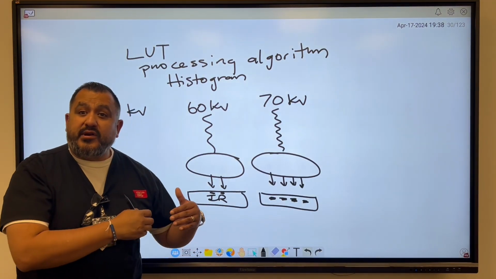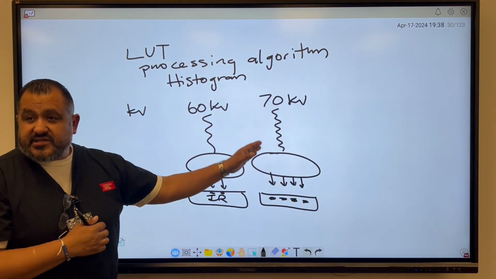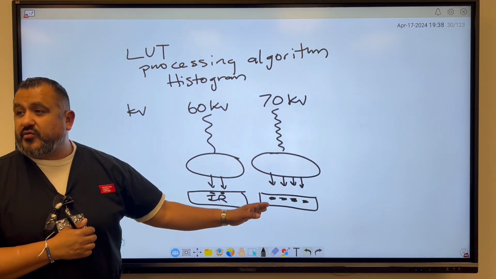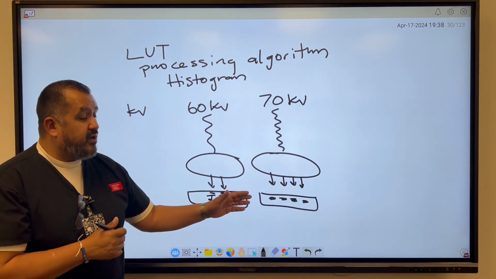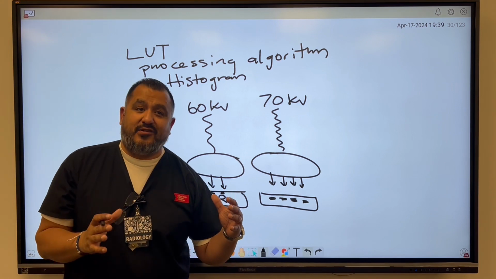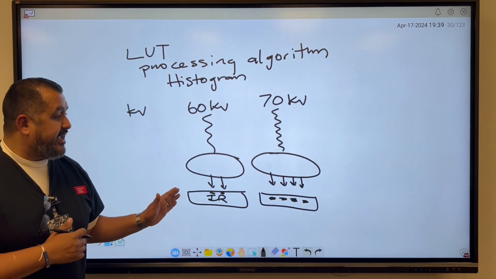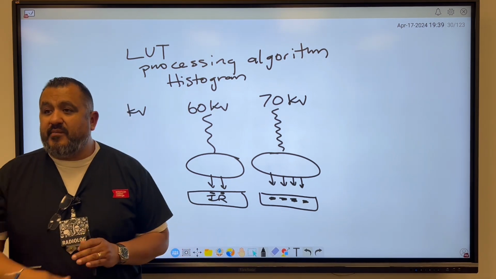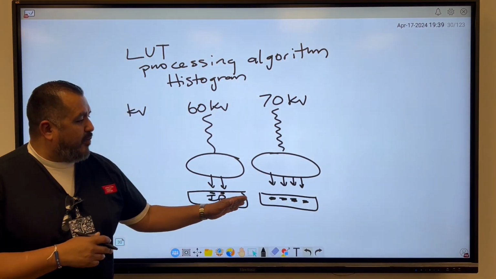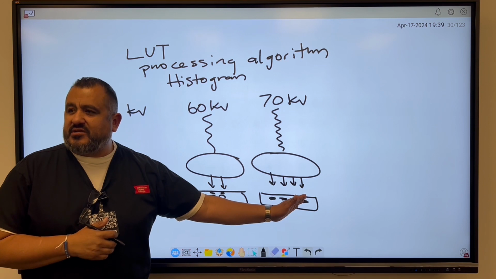So you're getting more recorded exposure levels when you increase the kVp because more X-rays are going through, right? So if you thought about it in terms of scale, this is going to be long scale, this is going to be short scale. Short scale is a very small amount of densities. You're going to get more densities, more exposure levels, that's long scale.